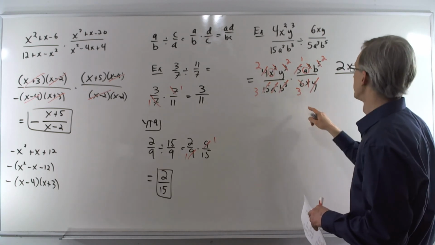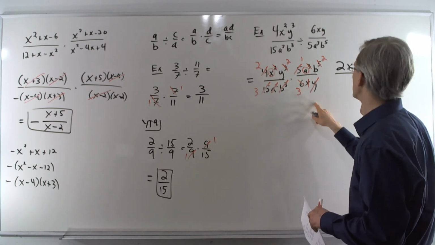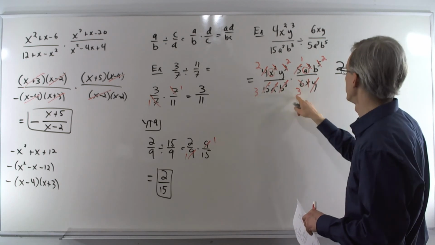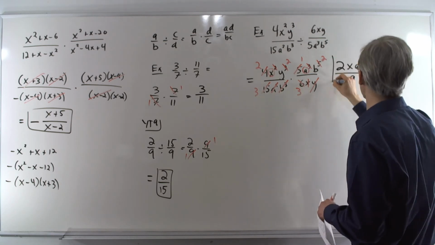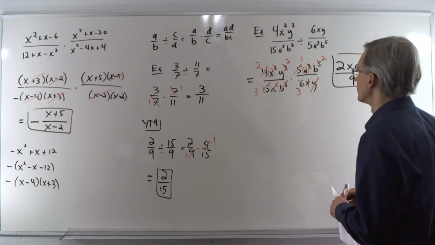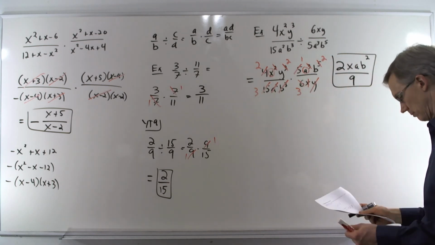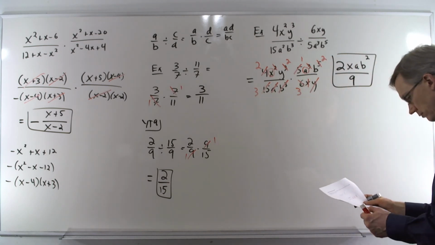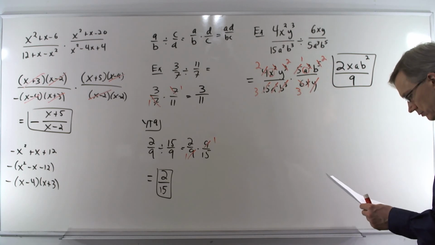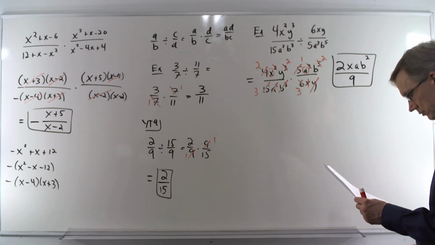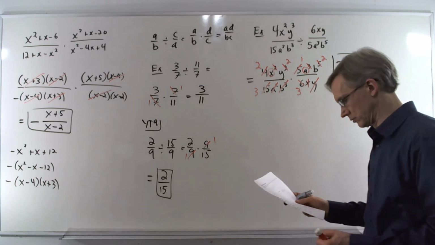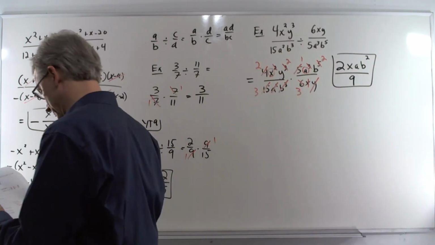And on the bottom, everything cancels except for 3 times 3, so we got 9. So we got 2x a b squared over 9. Your turn, number 10.